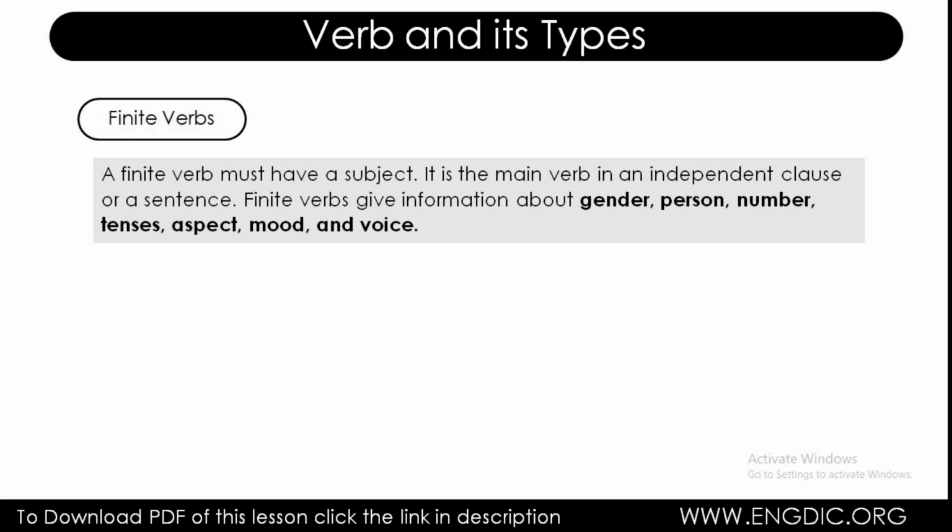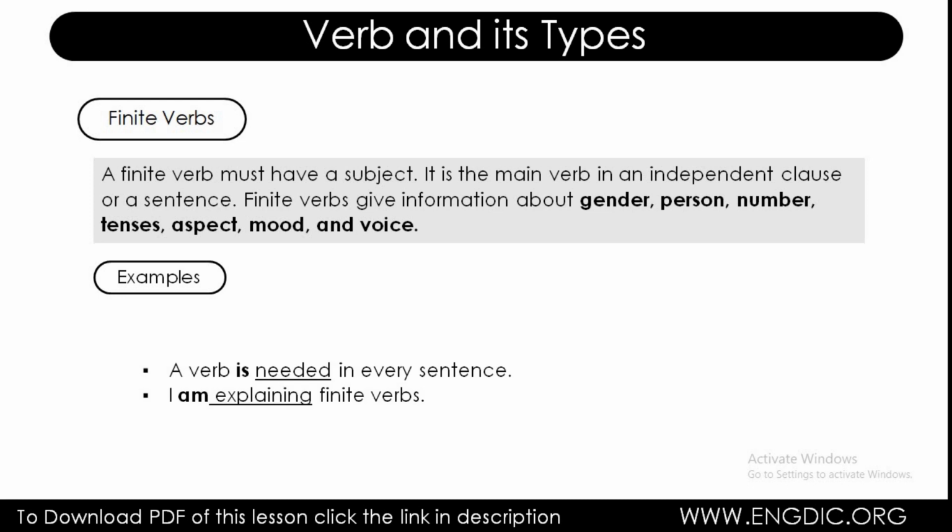For example, a verb is needed in every sentence. In this sentence, is is the verb. Secondly, I am explaining finite verb. In this sentence, am is the verb.